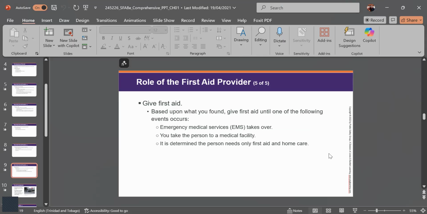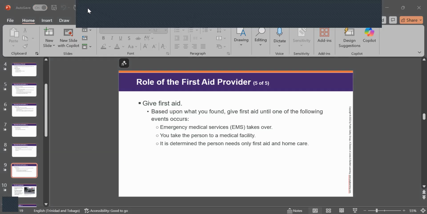You arrive at a medical facility, so a hospital, a member of the hospital staff takes the patient from you, and the patient is now in that person's care. Or it is determined the person only needs first aid and home care, sometimes a minor situation.